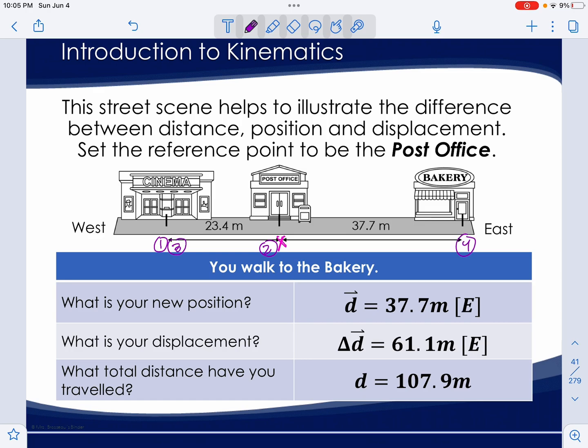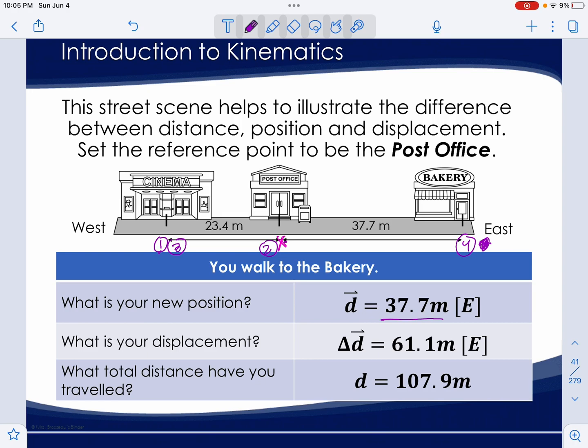Okay, your new position is here, and relative to the reference point, which is here, you're 37.7 meters east. Your displacement is how far you've gone from where you started. You started over here, right?